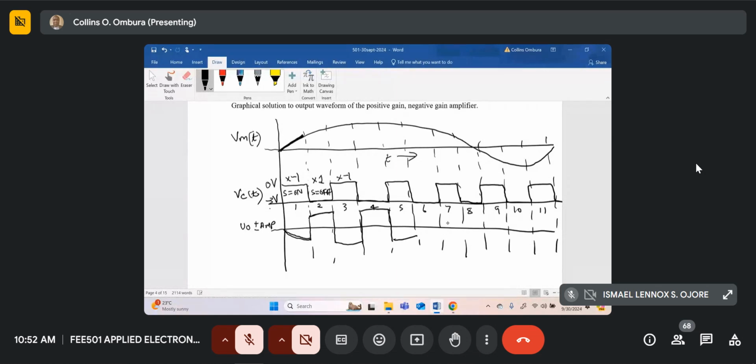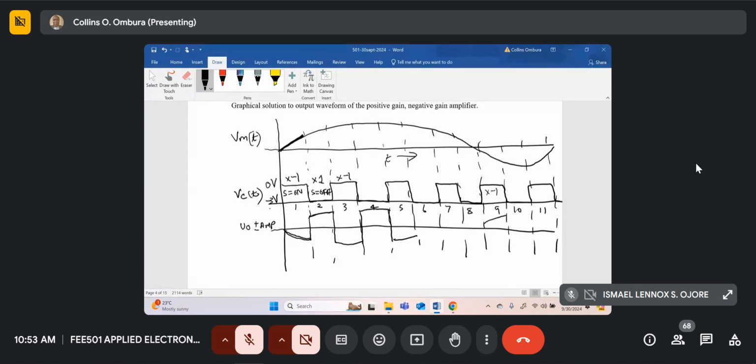Because interval 9, we have C of t. So here you're supposed to multiply times -1. But the input is going negative. So negative input times -1 will become positive. So it will look something like this.